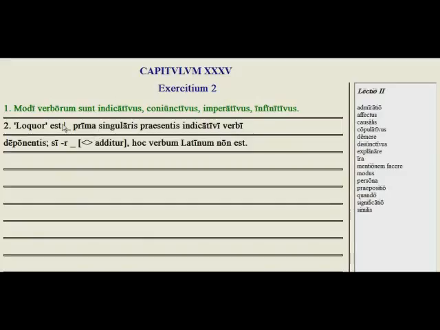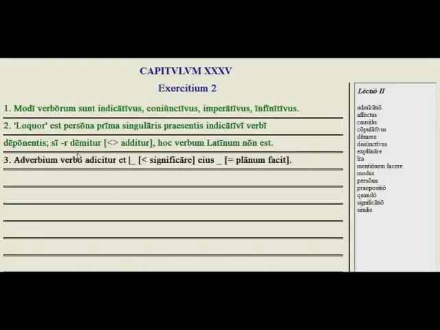And so we want persona prima. If R is not added, so the word that is the opposite of add, we learned in this chapter to take away, similar to adimere, which is demere, and the passive form of that, demitur. If R is taken away, this verb, Latinum non est, is not Latin.